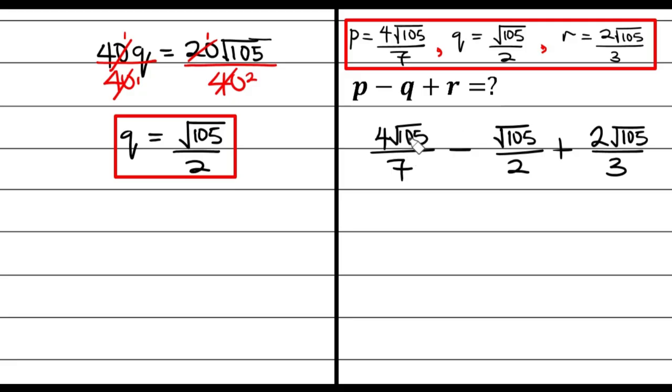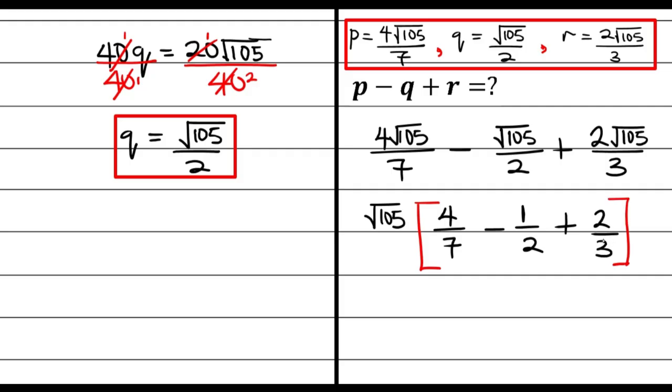And all I can see here is that the square root of 105 is common to every one of them, so I'm going to bring that out. So if I do that, I have square root of 105, in which I have a square bracket, then I have 4 over 7 minus 1 over 2, then plus 2 over 3.